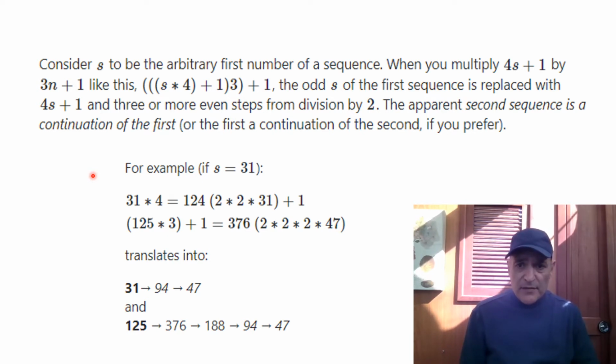The odd s of the first sequence is replaced with 4s plus 1, obviously, and 3 or more even steps follow from division by 2. So that's the Collatz function. But the first bit, the s times 4, or 4s, is just not represented in the conventional function. And I'll explain why that is. That's really the whole point. The apparent second sequence is a continuation of the first, or the first a continuation of the second, if you prefer.